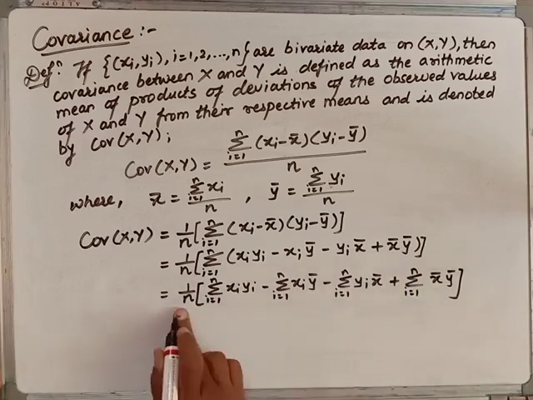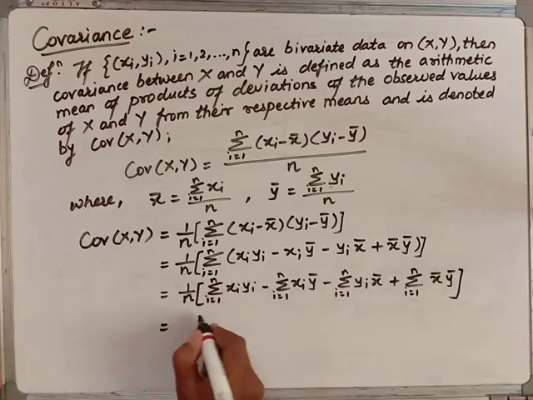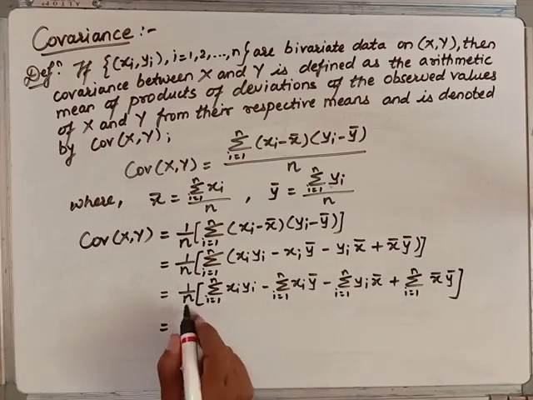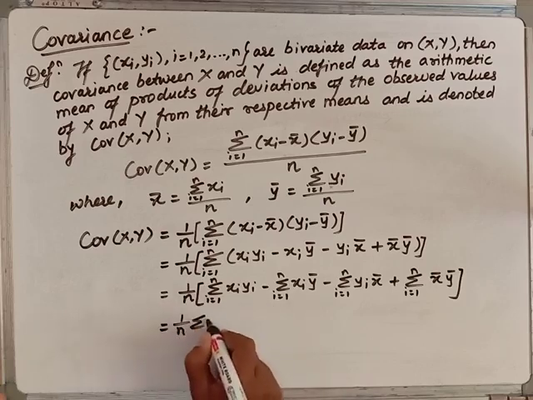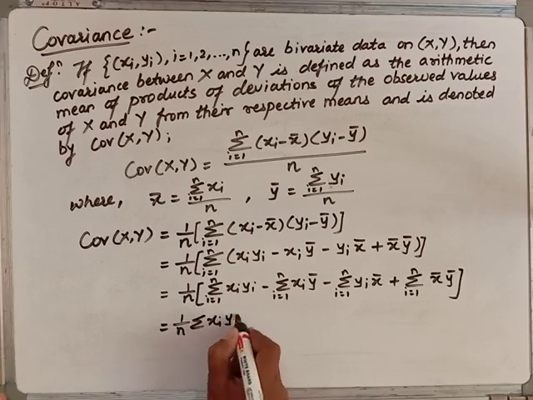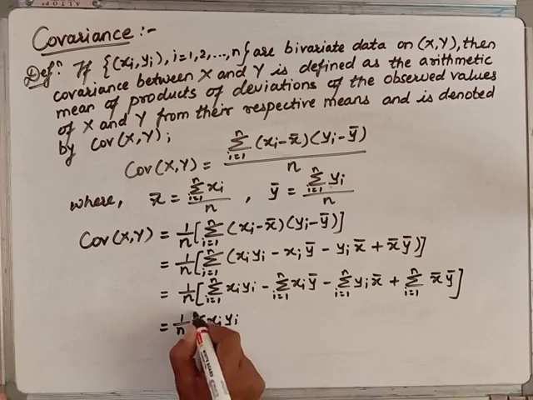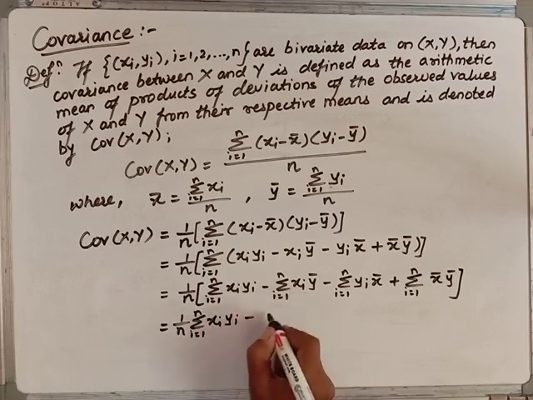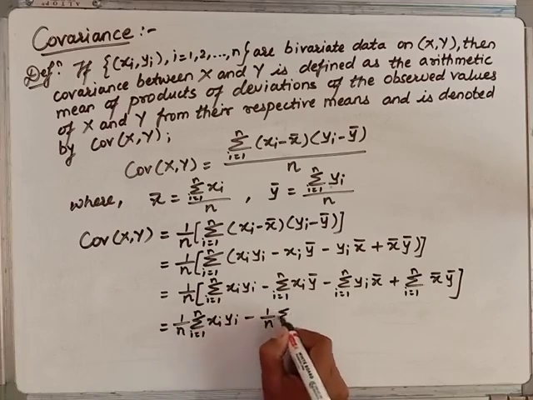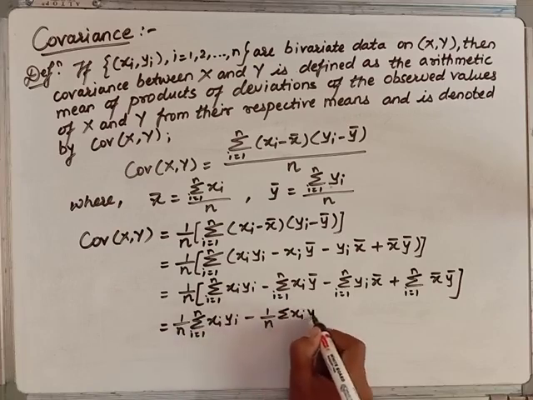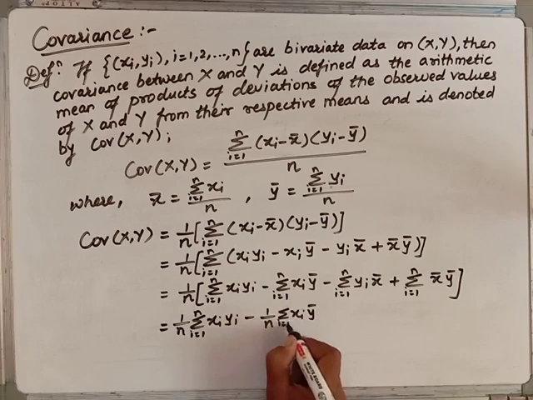Now this 1 upon n, let's use it. This will be multiplied by this. So 1 upon n summation xi yi, i goes from 1 to n, minus 1 upon n summation xi y bar, i goes from 1 to n.